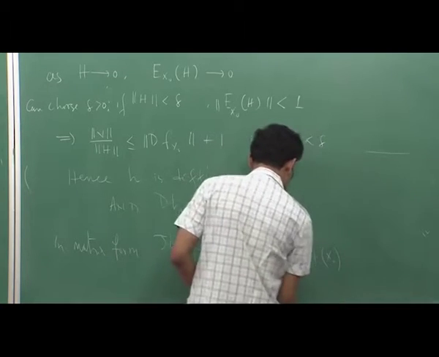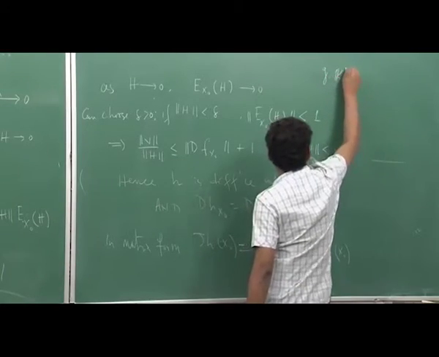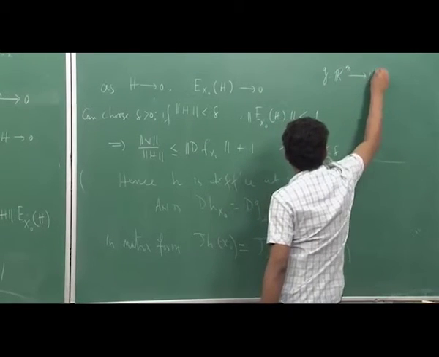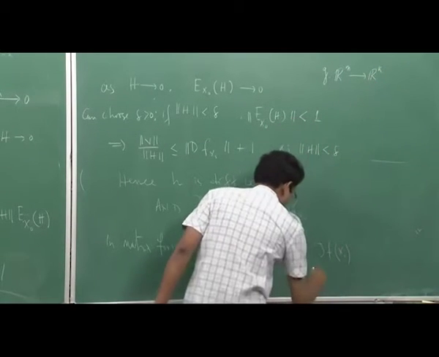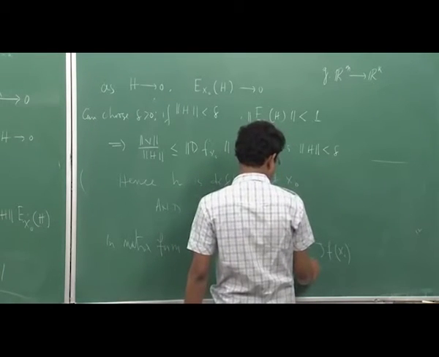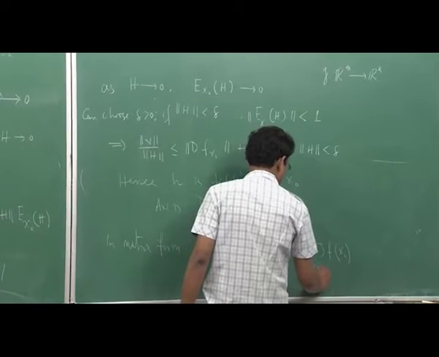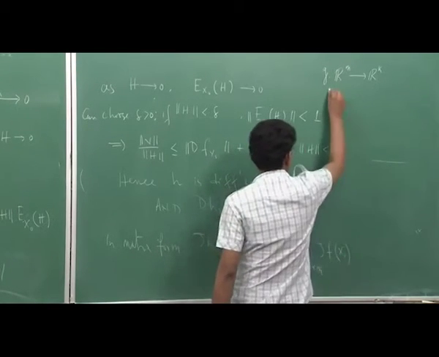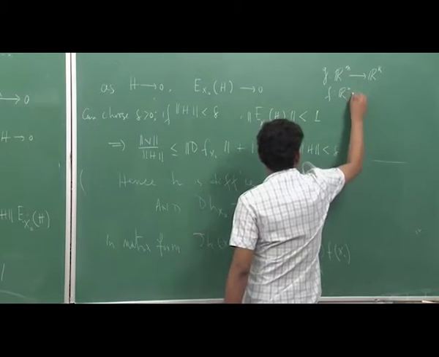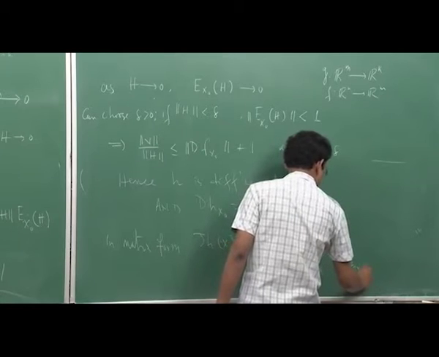What is it? G was from R M to R K. So, JG at f x naught is a K cross M matrix, and F is from Rn to Rm, so this is an M cross N matrix.